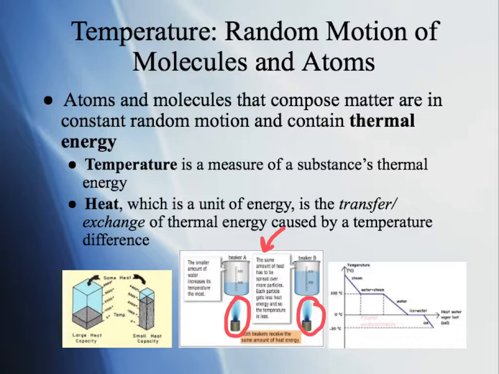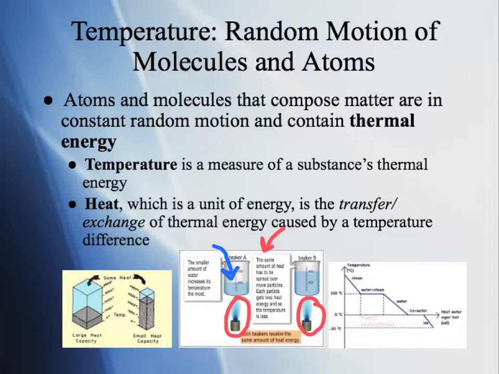But the temperature of the water is going to be different for both beakers. There's a smaller amount of water in beaker A, so the heat being transferred is going to be moving those molecules in the water a lot quicker, so the temperature is going to heat up a lot faster in beaker A than in beaker B.